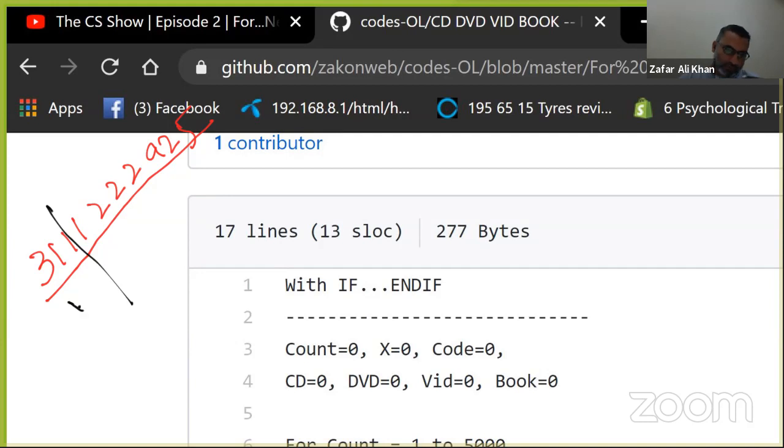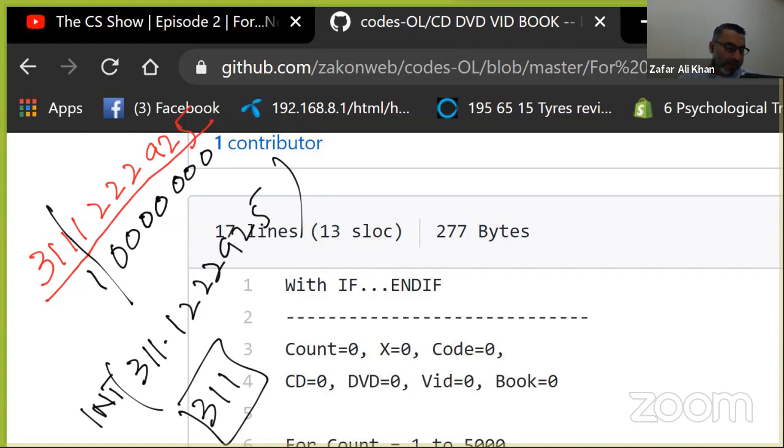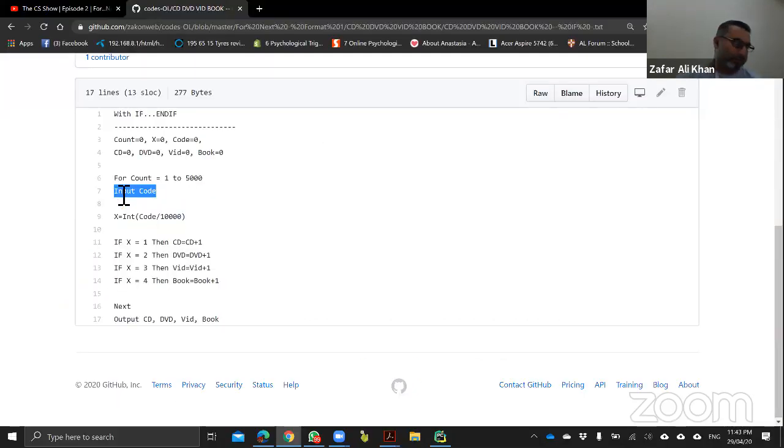So I will put 1 here and 0 in the rest. This will give me 311.1 triple 2 925, and if I apply integer on it, this will give me just 311. So these 3 digits are extracted. That is how this thing works.